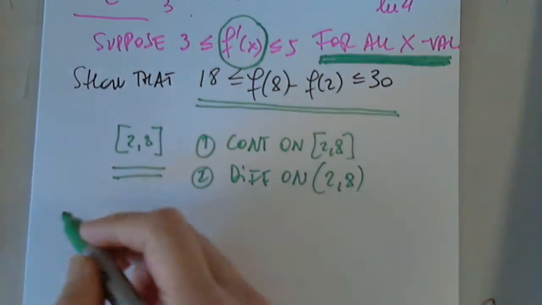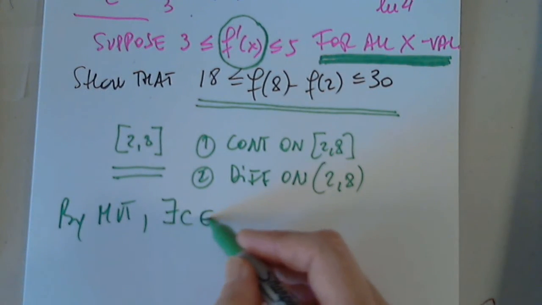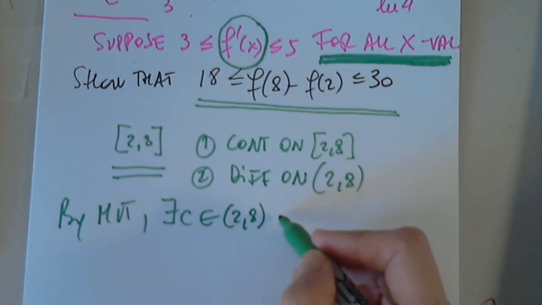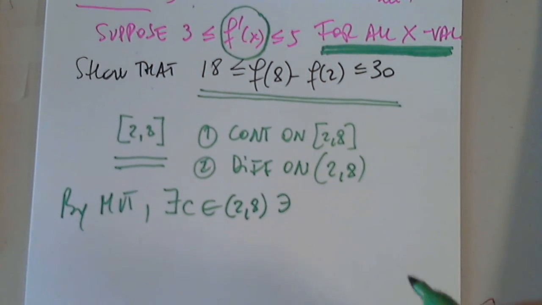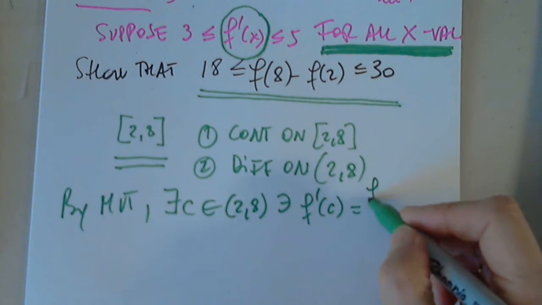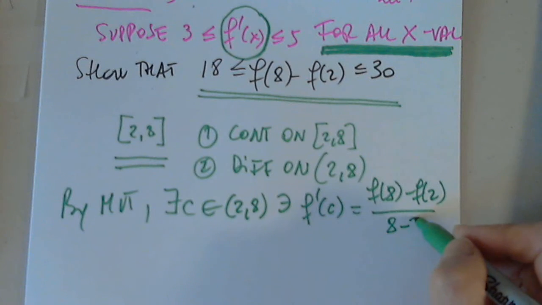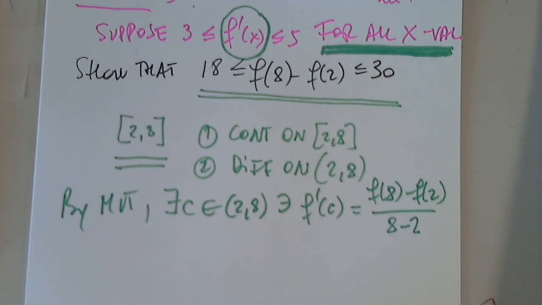Therefore, by MVT, there exists a c in the open interval (2, 8) such that f prime of c equals f of 8 minus f of 2 over 8 minus 2. And this is what we just wrote a minute ago about the mean value theorem. Good.